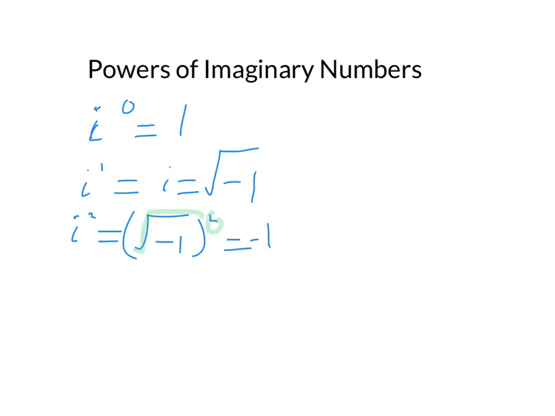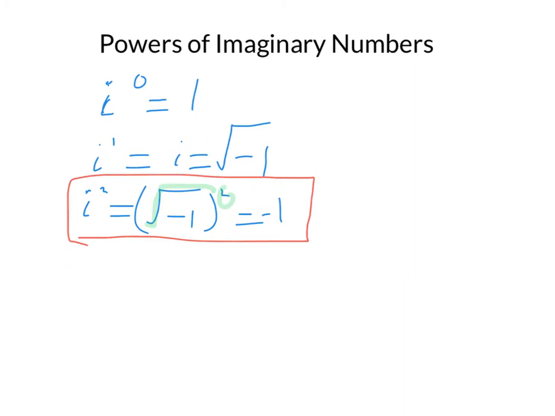Now I've mentioned that that's the most important one, so please do just remember that in particular. You'll see it being more useful when we get into multiplying complex numbers. Anytime that we see an i squared at that point, you'll know that i squared simplifies to minus 1. So it's important to remember.